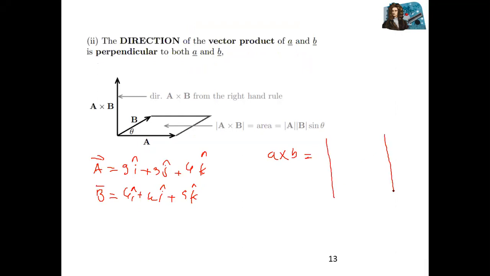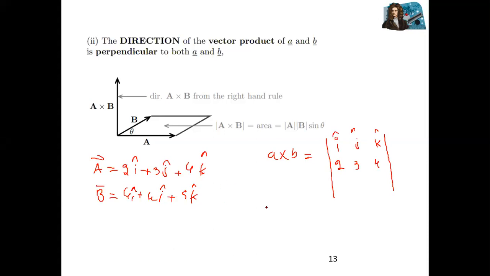the determinant formula. Determinant. Write down first i, second j, and third k. What are the components of the first vector? A: 2, 3, 4.